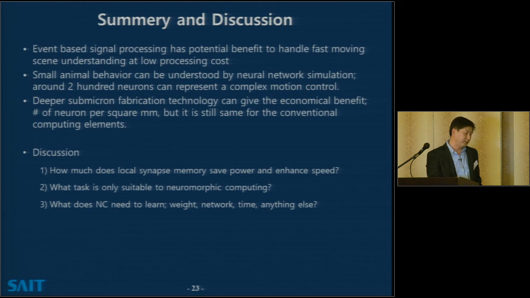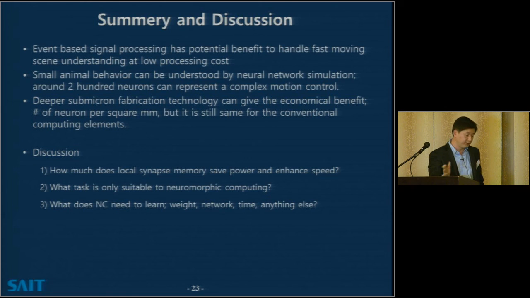So I have some questions of my own. First, how much does local synapse memory save power and enhance speed? It means we are making memories together with small tiny processors, so we put them together inside the chip.